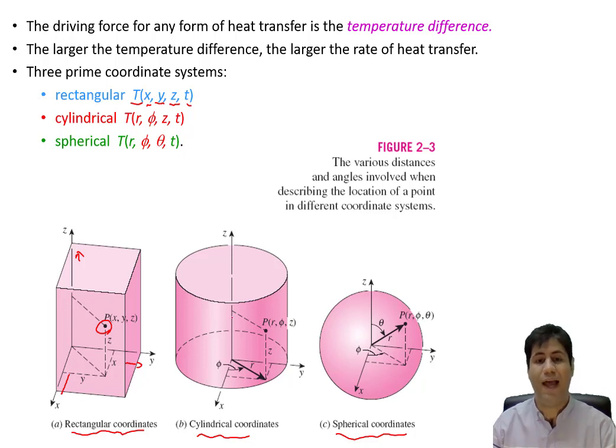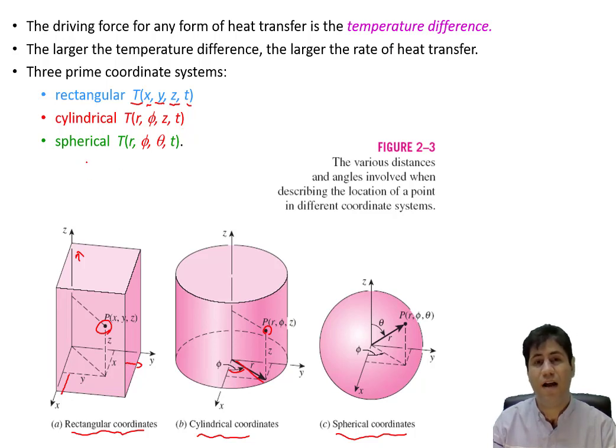And this point in the cylindrical coordinate system is a function of r, phi, this angle, and z, in this direction. So by r, phi, and z, we can find the location of the point P in this coordinate system, and again the temperature of this point is a function of time as well.